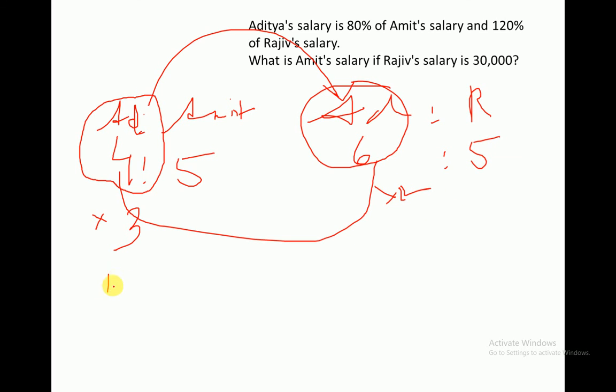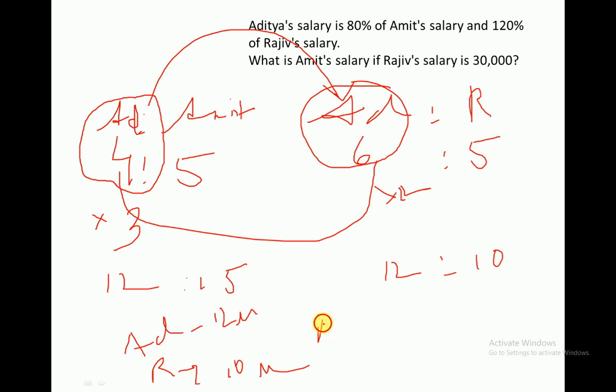So this one comes to be 12, this one 15, this one 12, and this one 10. So Aditya is 12 units, Rajiv is 10 units, and Amit is 15 units.